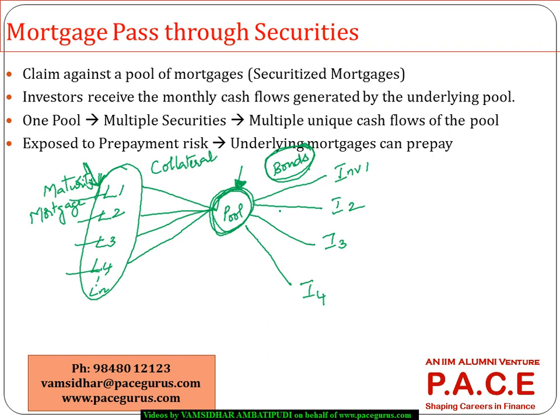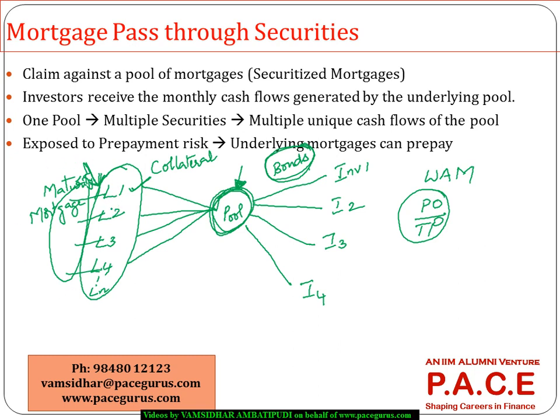So what is typically looked at is a weighted average maturity, which is based on the weighted average of the maturity of each individual loan, where the weighting is based on the principal outstanding of each mortgage divided by the total principal outstanding. That is the weight given to each mortgage, and from there the weighted average maturity is derived.